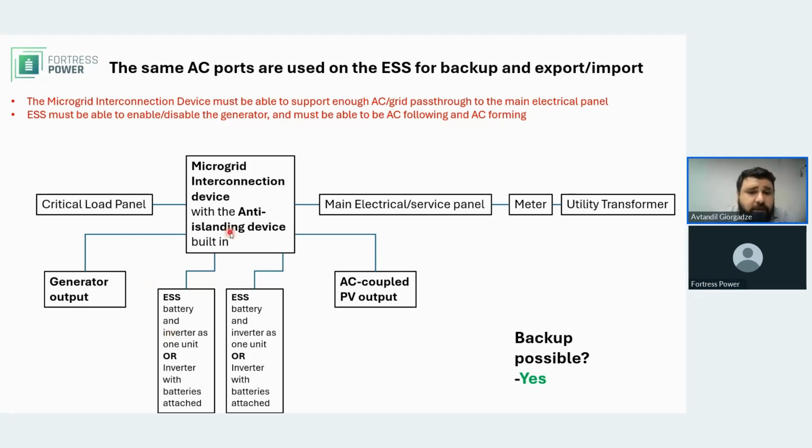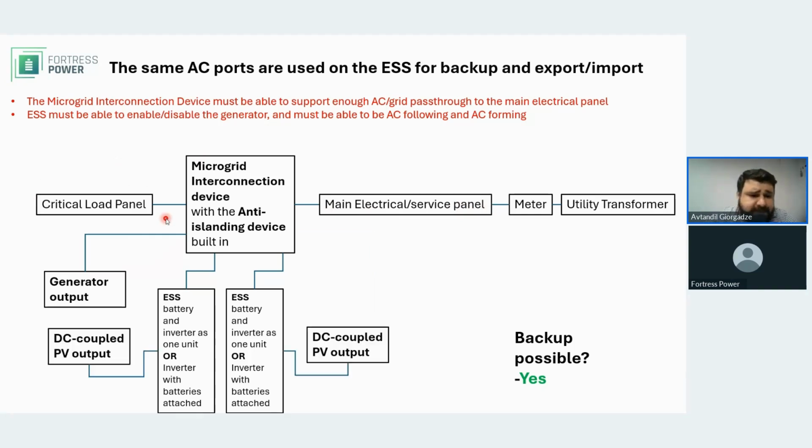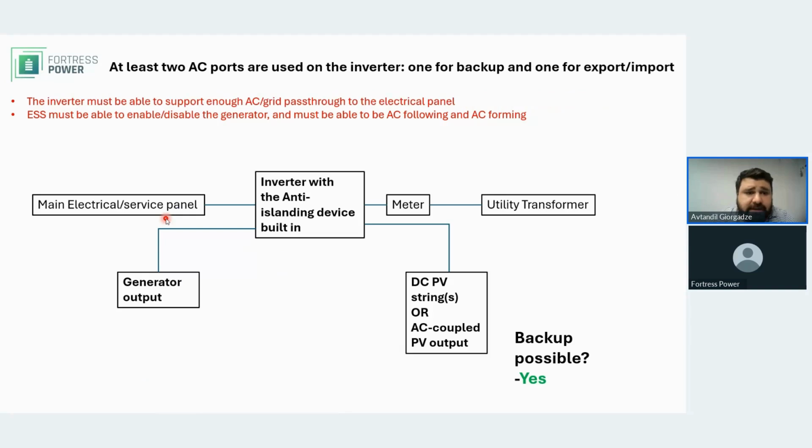But here, everything upstream of the microgrid interconnection device is offline and separated from the rest of the system, which in your case happens to be the main electrical panel as well. So only the critical load panel is allowed to take power. Same scenario with DC coupled PV, nothing changes in those regards.